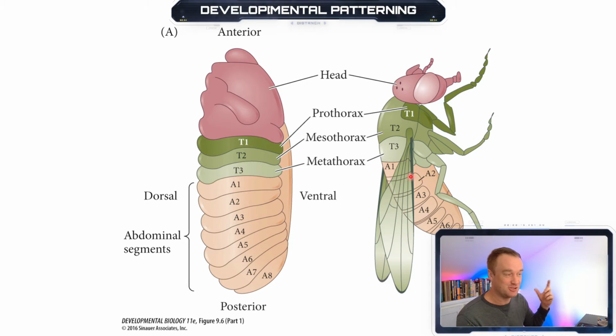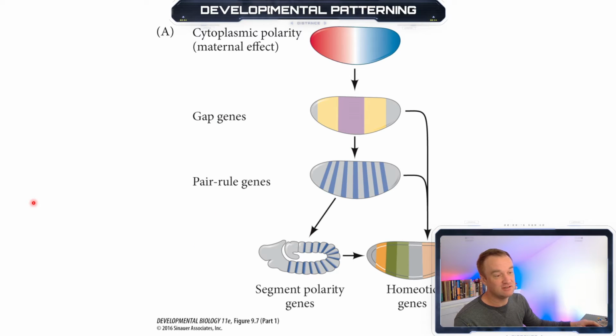Because they hatch as a larva and then they turn into an adult fly. But we have a head, then we have the prothorax, the mesothorax, the metathorax, and then the dorsal and the abdominal segments here. And you can see how they develop into each corresponding segment of the adult fly. So that's all good. A quick primer on fly development.